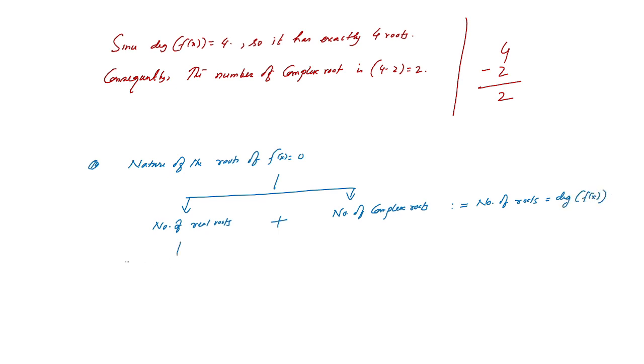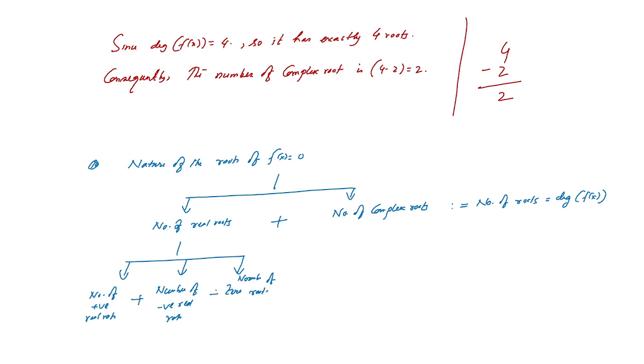Next, under the number of real roots, you need to think about 3 cases: the number of positive real roots, the number of negative real roots, and the number of zero roots.